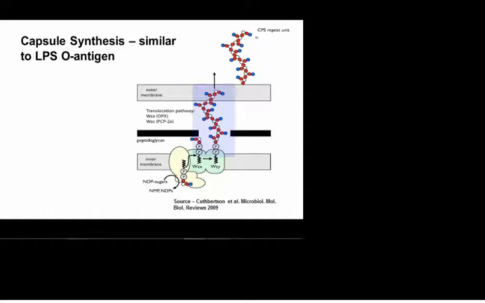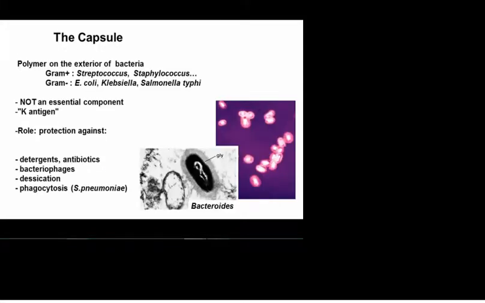Now, once again, you don't actually have to know this, but briefly, what are they made of? I forgot to say about this. Capsule antigen polymers are mostly polysaccharides, sometimes polypeptides.